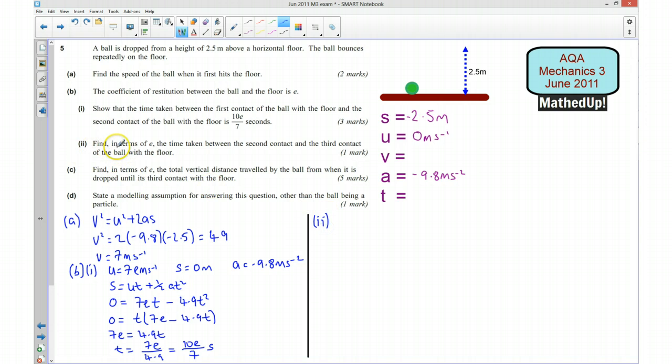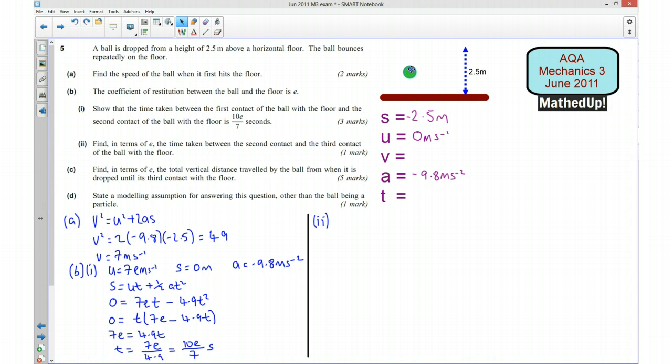It says find, in terms of e, the time taken between the second contact and the third contact of the ball with the floor. So let's think about what's going to happen. When we started off we were 2.5 meters above, and we got down to the floor with a final velocity of 7, and the new initial velocity was 7 times the coefficient of restitution, which is 7e.